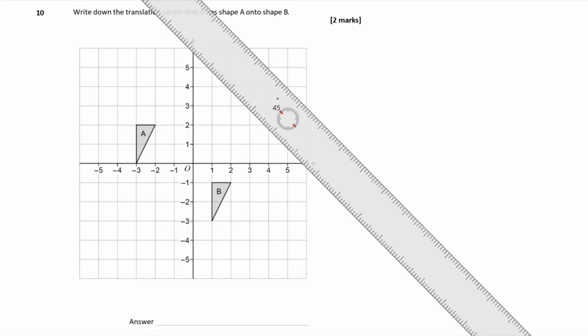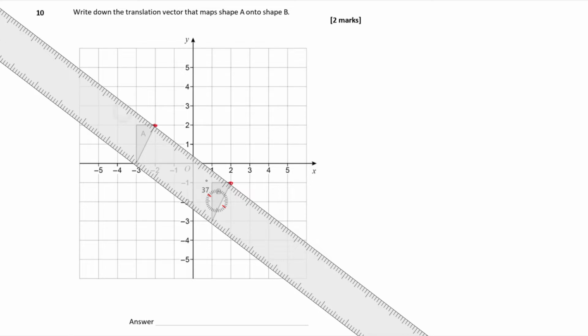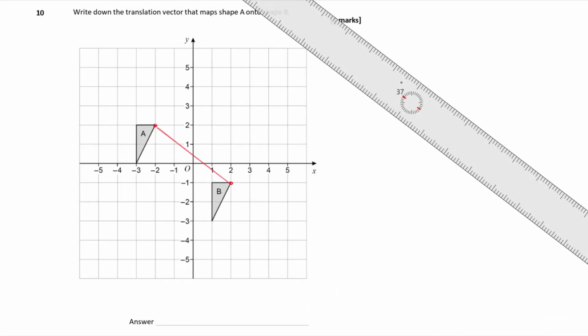So pick a point on one object, pick the matching point on the other, and then look at the vector that lies between those two points. We're going from A to B, so my line is going this way. So what is that vector there then? Well, it is so many units to the right and so many units up.